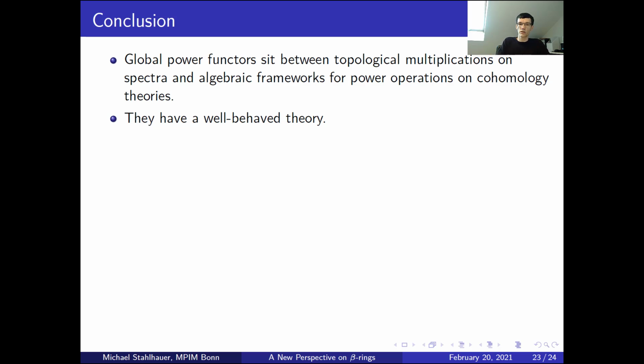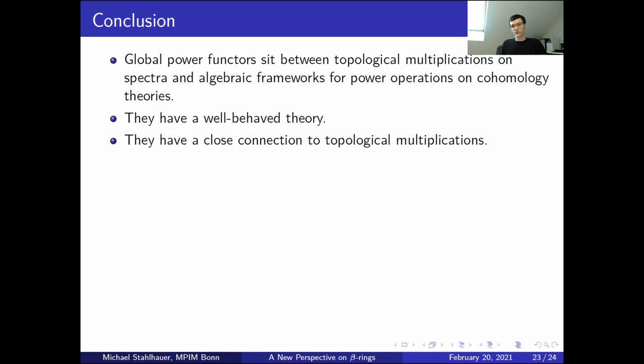So it's a nice intermediate step. And in fact, it turns out that global power functors have a well-behaved theory. So they have an easy additivity relation, easy multiplicativity relation, easy relation for composition of power operations. So that's all very nice. And in fact, it turns out that they are really very close to topological multiplications. So for example, on Eilenberg-MacLane or on Moore spectra, it turns out that the topological multiplication is essentially equivalent to having these power operations on the global power functor.